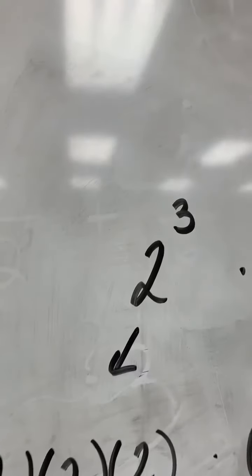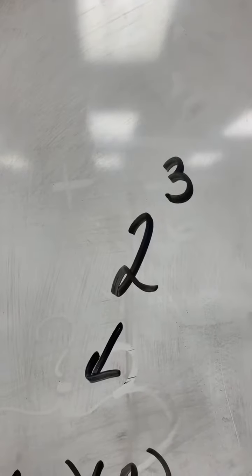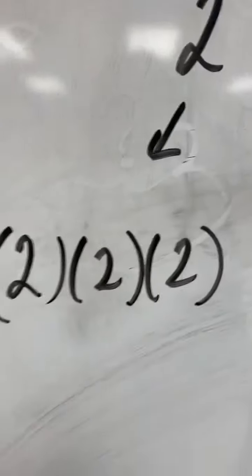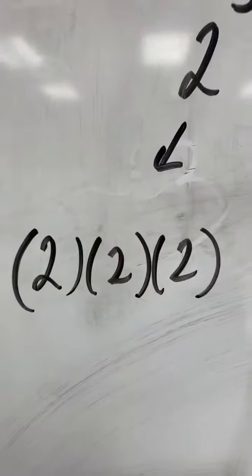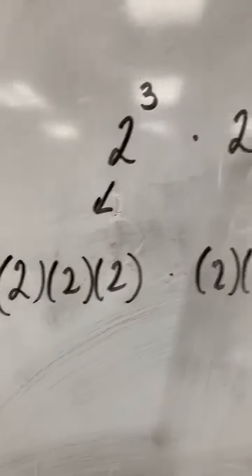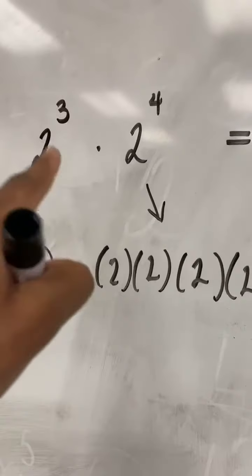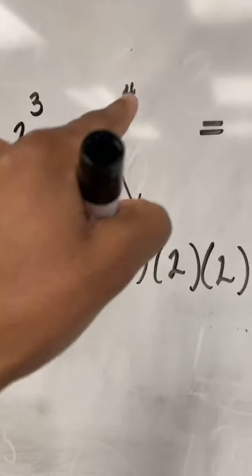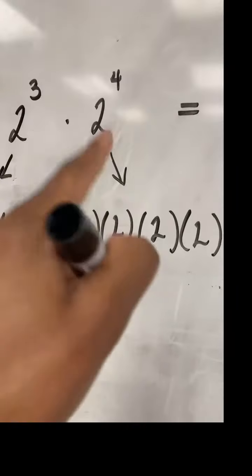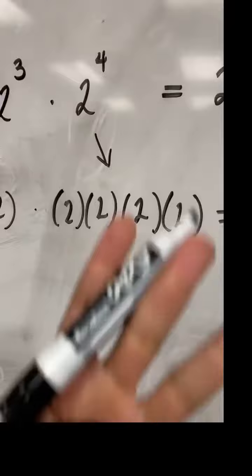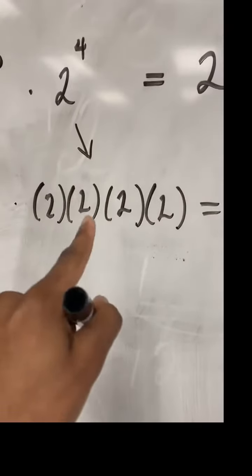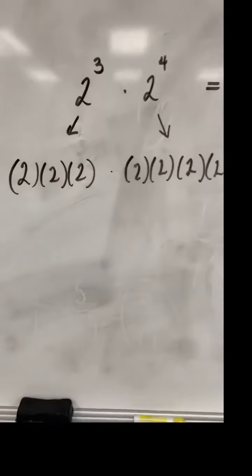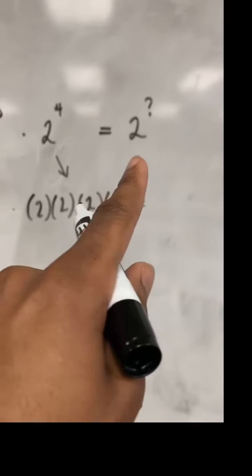So like we talked before, 2 to the third power is repeated multiplication, which is 2 times 2 times 2. That's 3 times, right? Now I'm multiplying 2 to the third power times 2 to the fourth power. So that means 2 to the fourth power is repeated multiplication. That's 4 times. 1, 2, 3, 4. So if we take a look at what it's asking us, it wants to know, this is 2 to the what power?